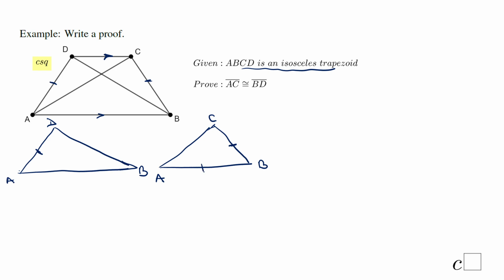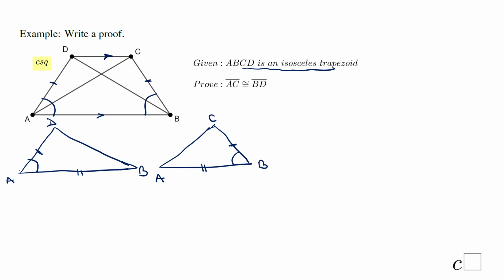Now we have noticed this is a common side, and also this is an isosceles trapezoid, which means the base angles, which is this angle, and this angle, are congruent. So we notice here these two triangles are congruent.